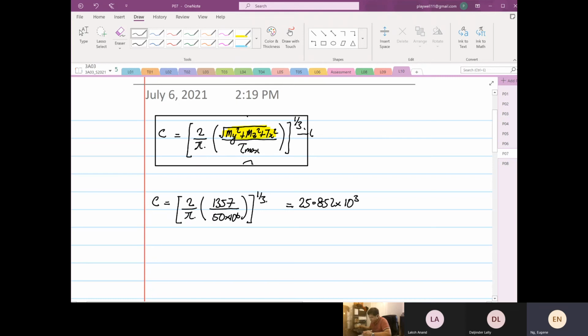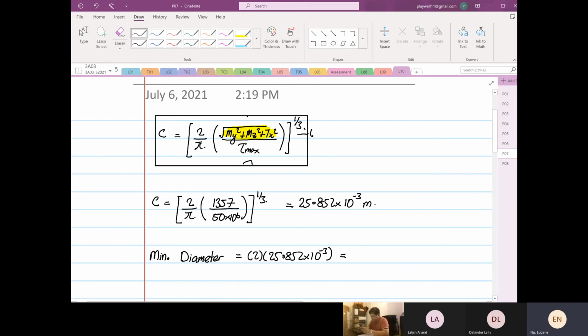times 10 to the power minus 3 meters. Okay, so the minimum diameter is equal to twice multiplied by 25.852 times 10 to the power minus 3.